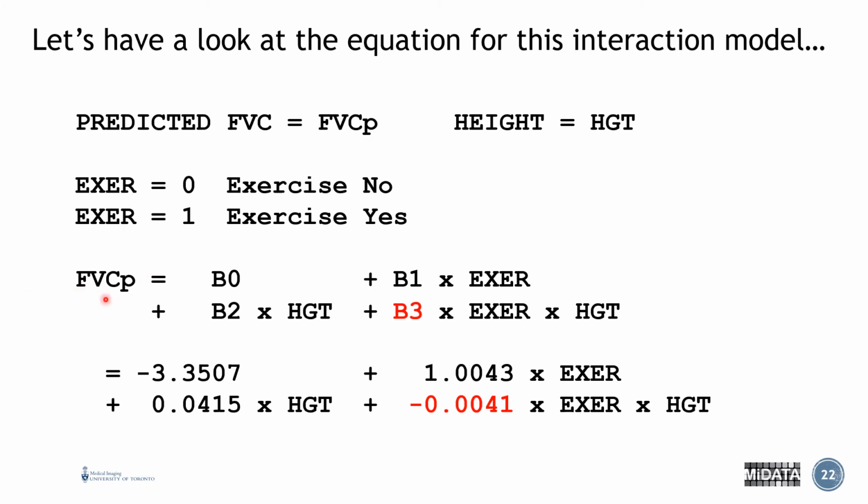Your predicted FEC is going to be your intercept, your beta naught, plus your beta 1, which is your coefficient for the exercise variable in your model, plus beta 2, the coefficient for your height variable in the model, plus beta 3, your coefficient for the interaction term in your model, exercise times height. Now, what you can do is go back to the previous slide, look up those coefficients, beta naught, beta 1, beta 2, beta 3, and just replace them here, and voila, there is your interaction model for FEC.